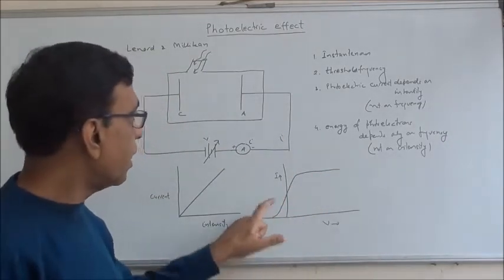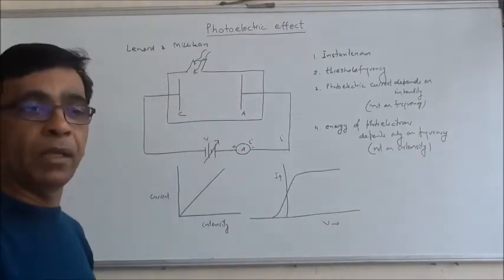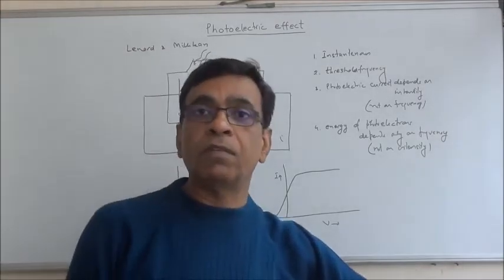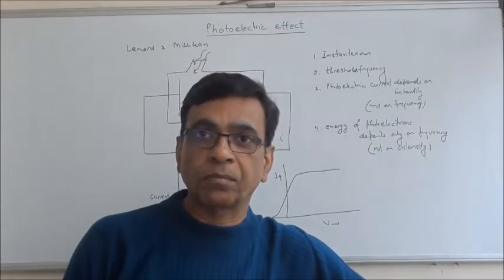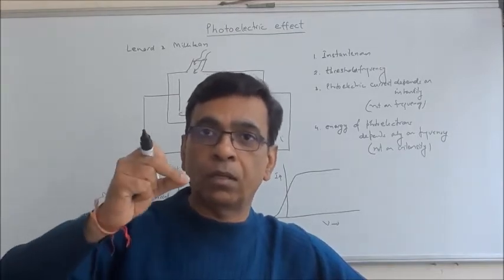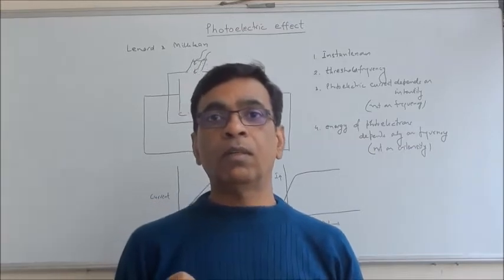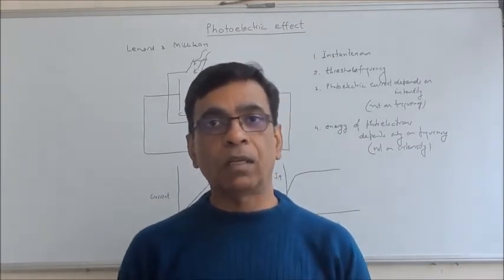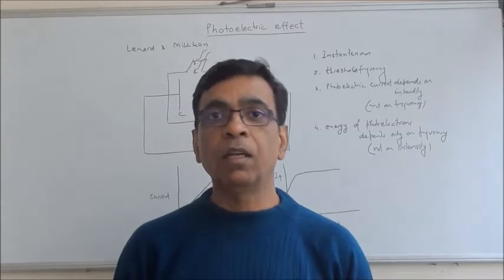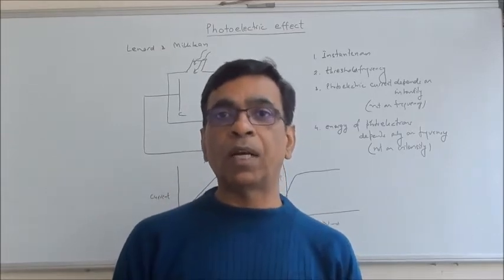When we have not applied any potential, the electrons which are coming here are coming with different energies. Some electron may be at the top. We know that there are a number of free electrons inside the metal, so it is easy to understand what might be happening.